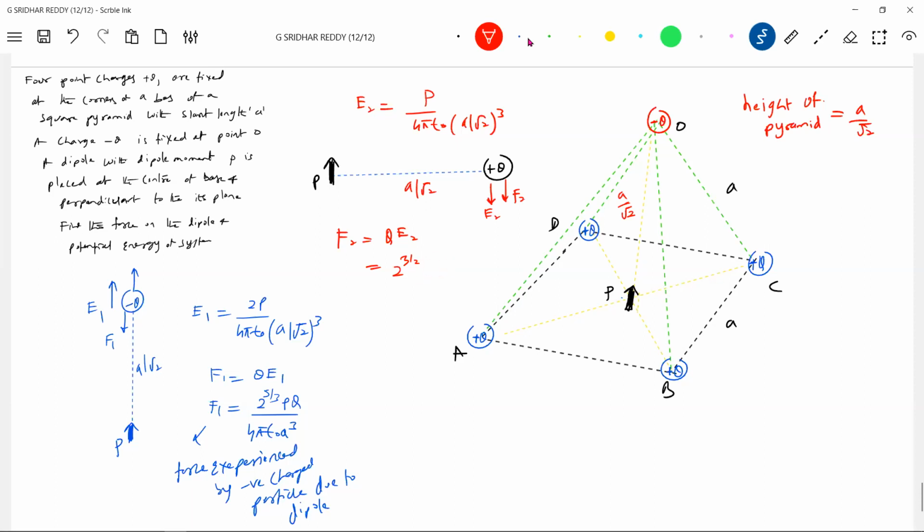Check the mathematics once. F2 we got. Like this, 4 point charges are there. So what is the net force exerted by the dipole on all these 5 point charges? I think F1 plus 4 F2.